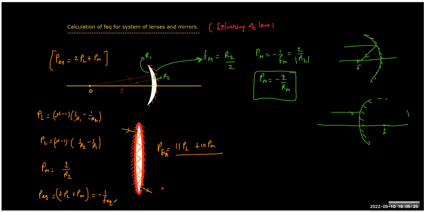Because the overall system will act as a mirror, correct? And the power of a mirror is minus 1 by F. Is this clear? Tell me. Yes, sir. Okay.